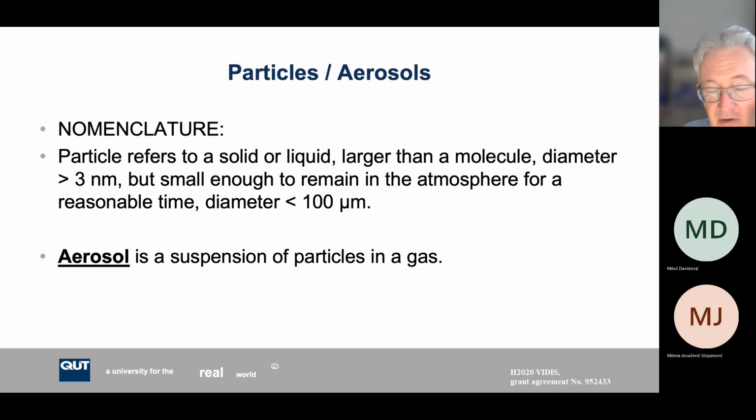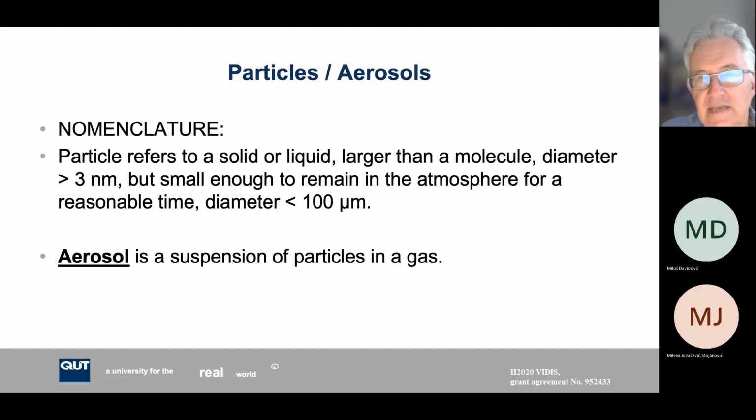So what are these aerosol and aerosol particles? Let's define them better, because we'll need that to understand how particle counters work and what they actually measure. In general, particles or aerosols in the air refers to any kind of solid or liquid larger than a molecule, roughly diameter larger than 3 nanometers, but small enough to remain in the atmosphere for a reasonable amount of time.